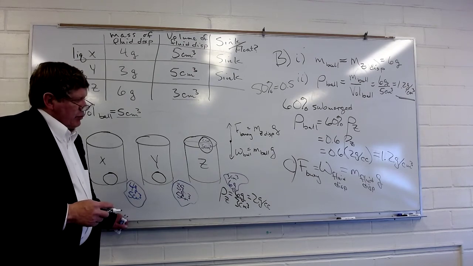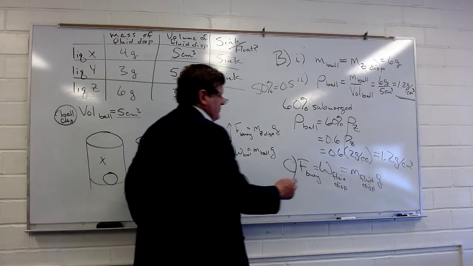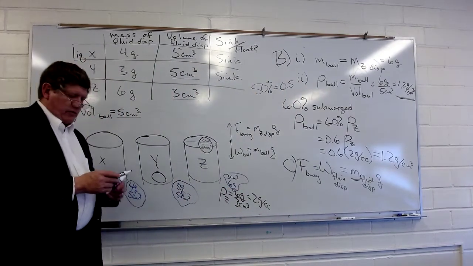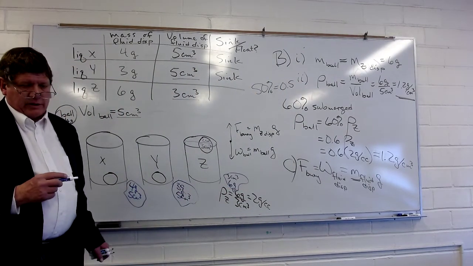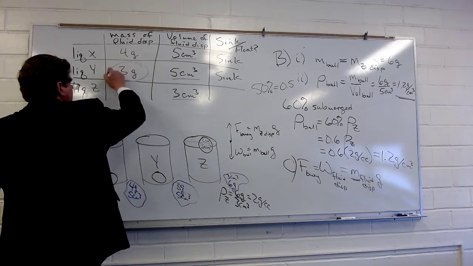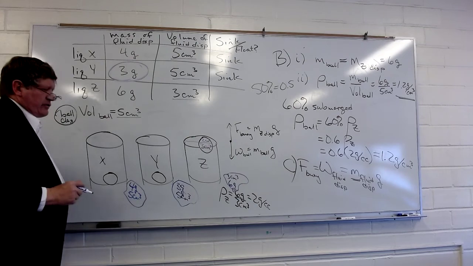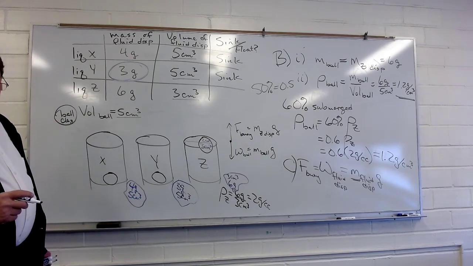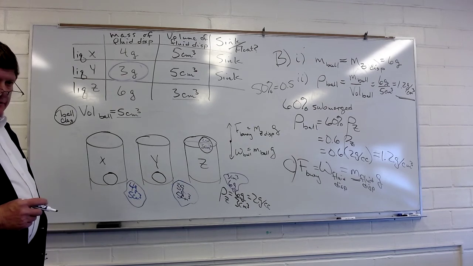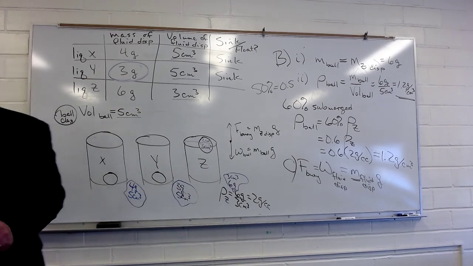So the biggest buoyant force is going to be the one that has the biggest mass displaced, and the smallest buoyant force is going to be the one that has the smallest mass displaced. So liquid Y is going to exert the smallest buoyant force on the block because it displaced the fewest number of grams.